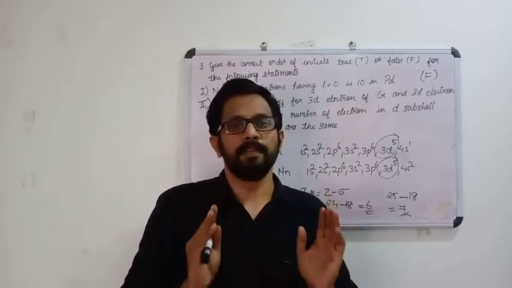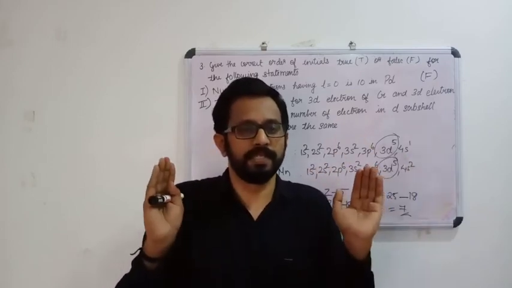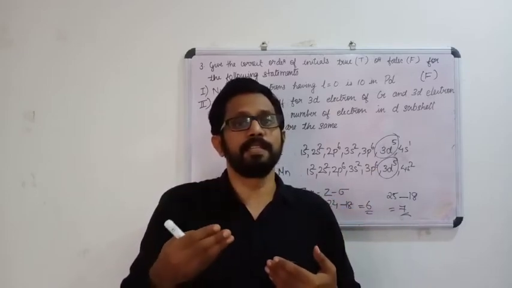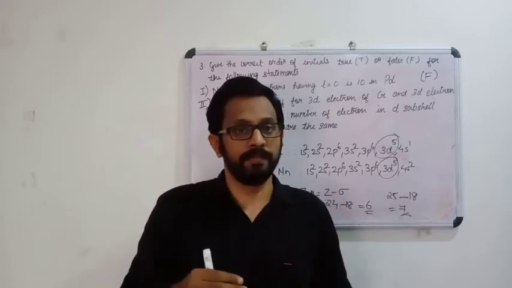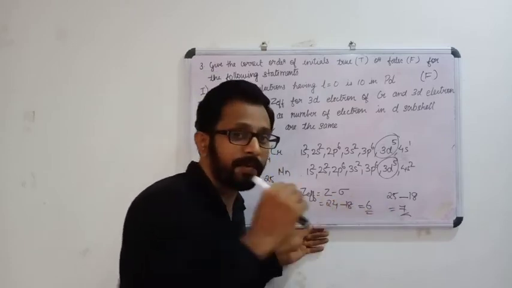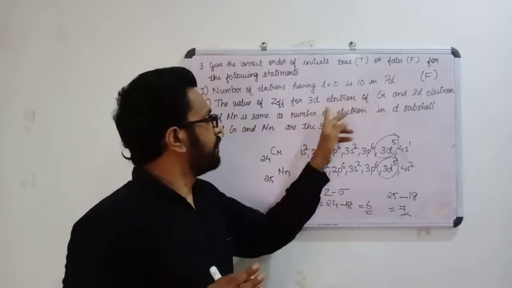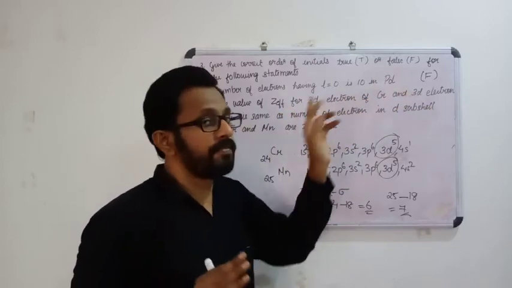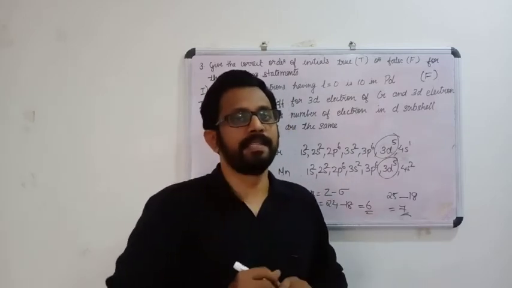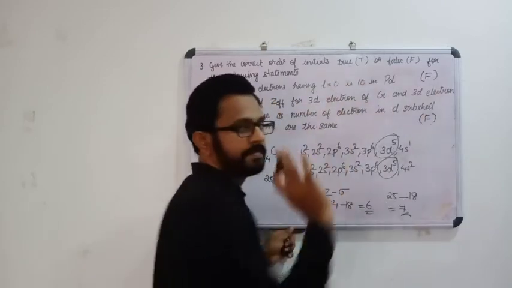Since the number of electrons in the 3d subshell of chromium and manganese is the same, whether the effective nuclear charge for the 3d electron is the same or not. Now we have the answer as 6 for chromium and 7 for manganese. That means the effective nuclear charge for the 3d electrons of chromium and manganese is not the same. So that statement also is false, and we have got 2 false.